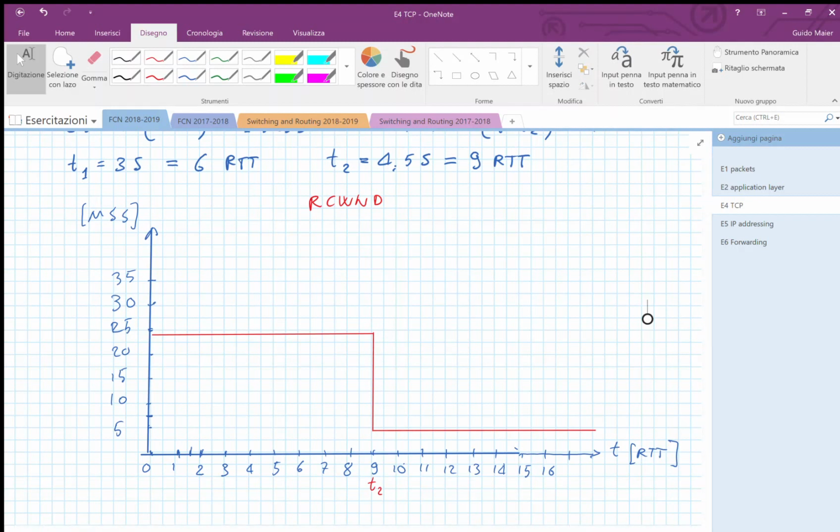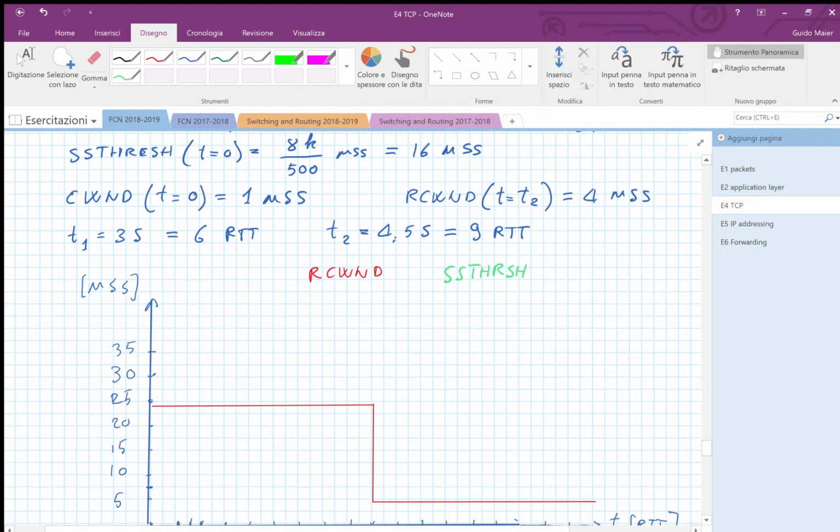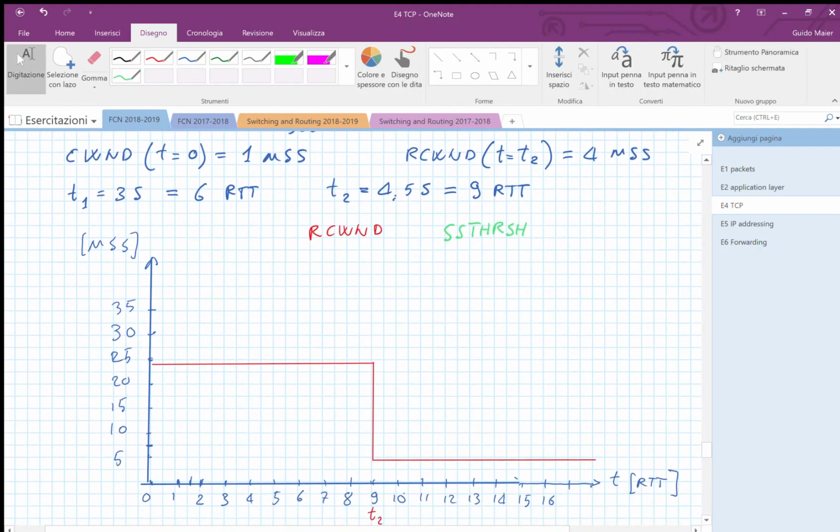Then we can also draw the slow start threshold. Let's use the green. The slow start threshold initially is set to 16 maximum segment size.